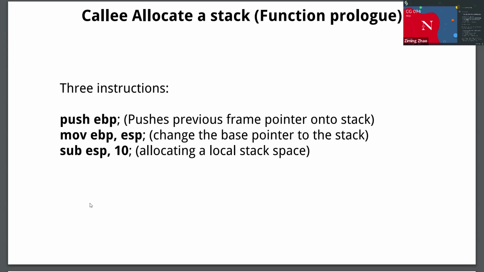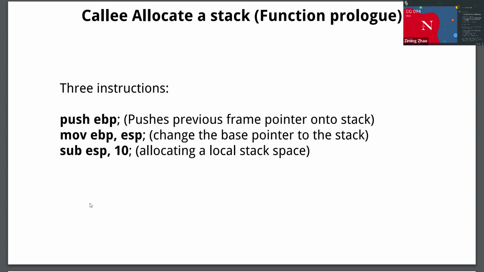Now after that, we set up this function's base address. Since we already did a push, ESP points to the saved EBP, because we just pushed the EBP. That address will be our new base address. So we move ESP to the register EBP.